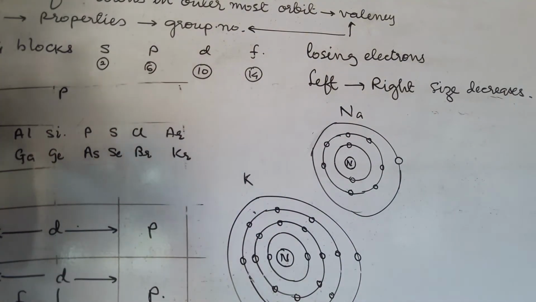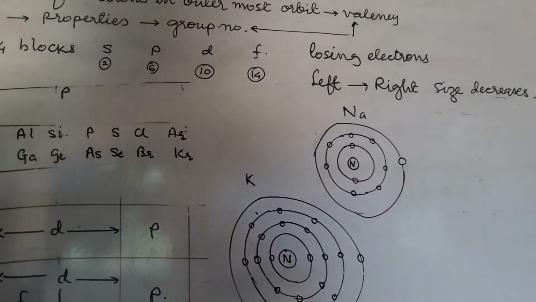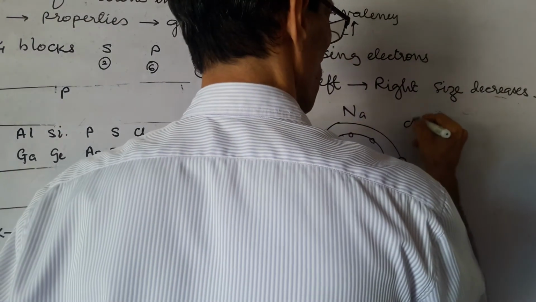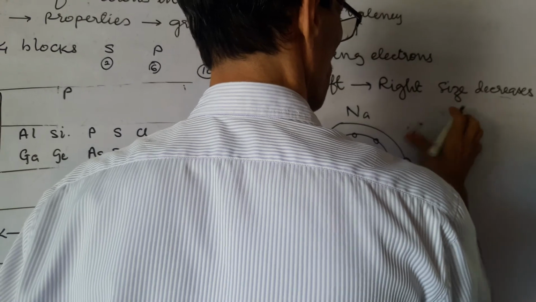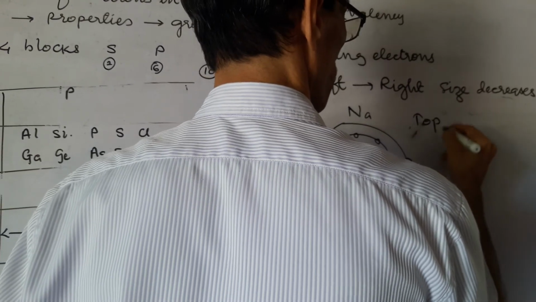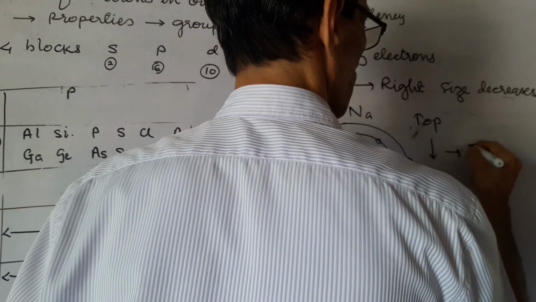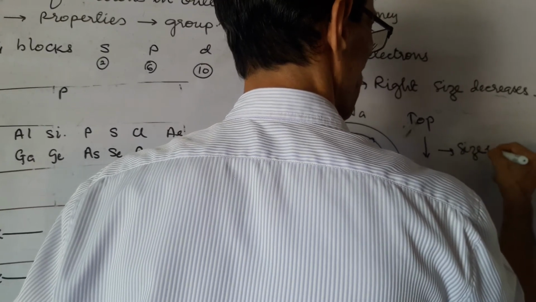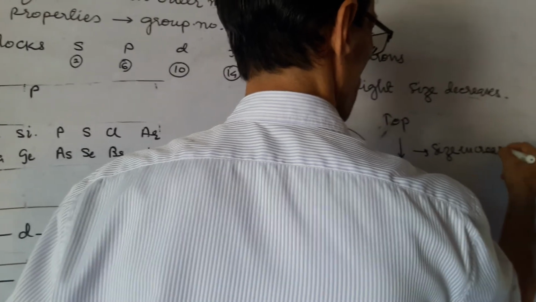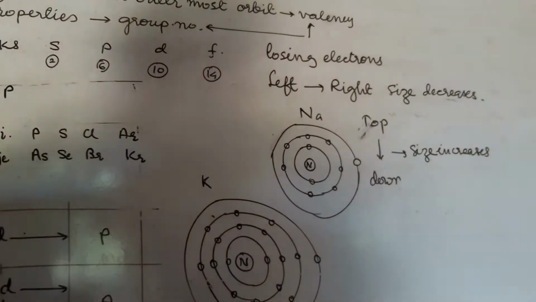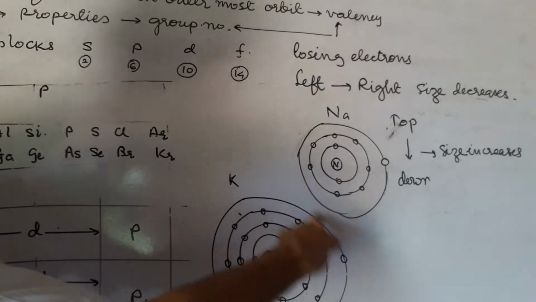But as you come down the group, from top to down, you will find the size increases. Why does size increase? Because the number of orbits increases.